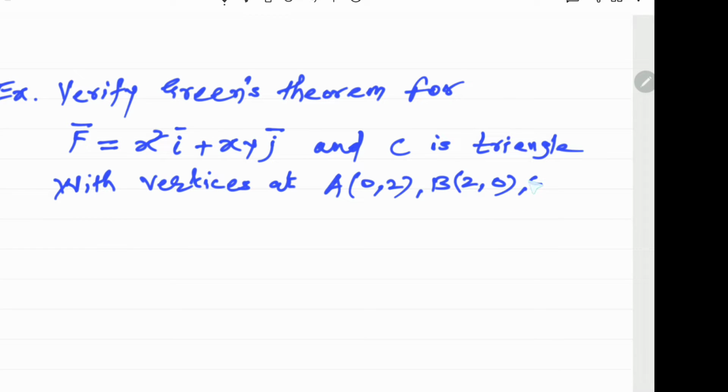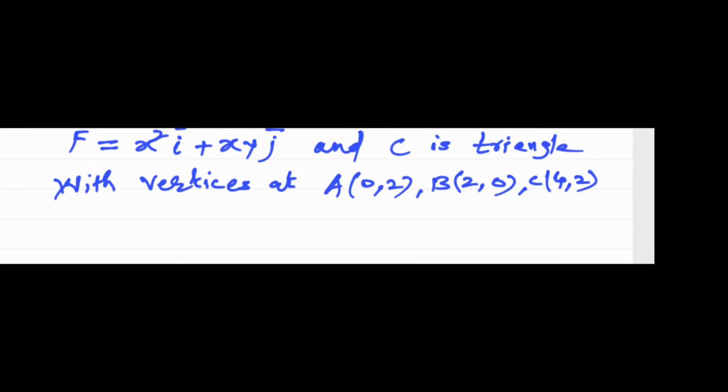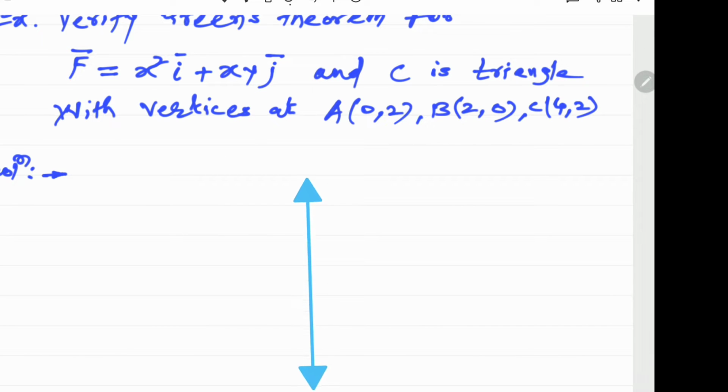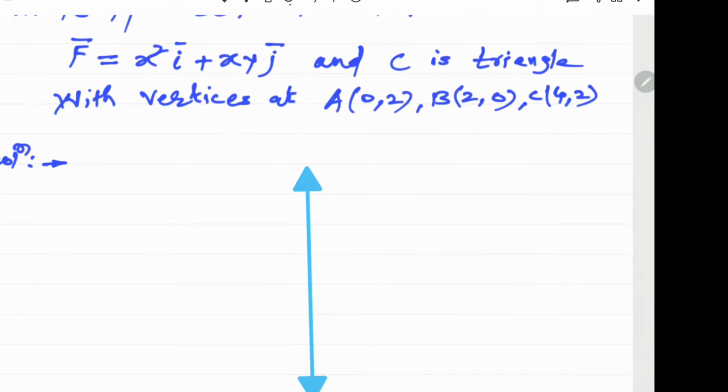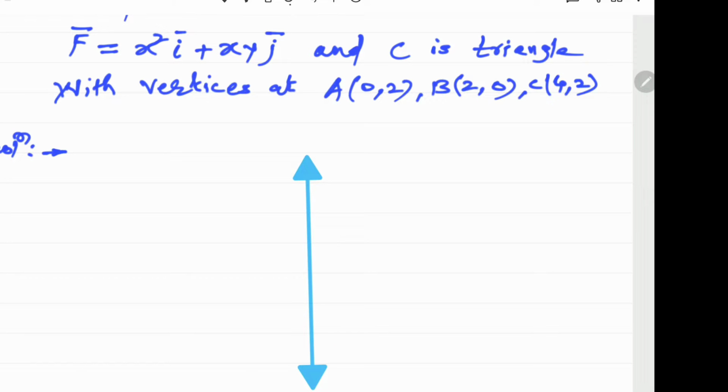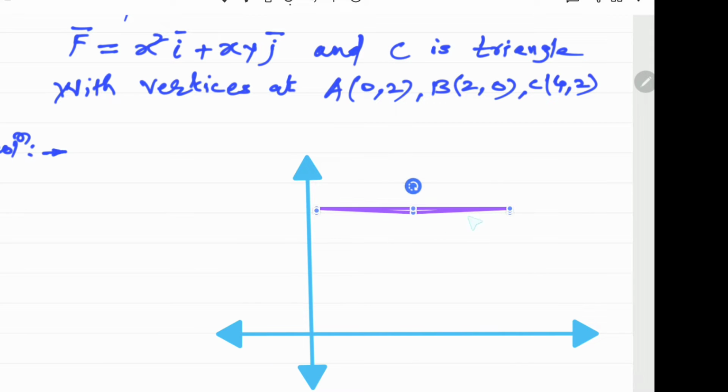For the first step, we have to draw that triangle with those vertices. Therefore, drawing the x axis and y axis, that is the Cartesian coordinate system. This is the y axis, this is the x axis, this is the origin, then triangle ABC.